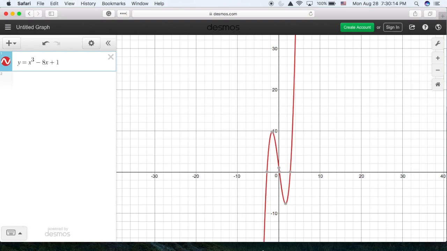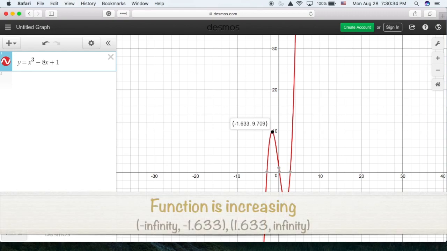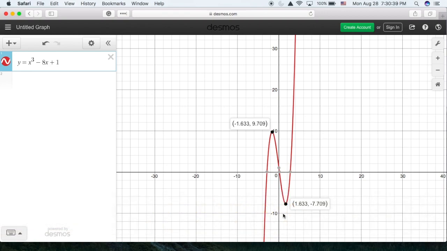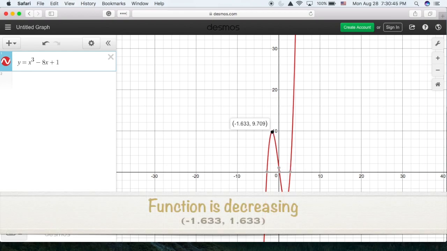So here, over on this side, less than negative 1.633, the graph is increasing. And also for x values greater than positive 1.633, the graph is increasing. And then we can say the graph is decreasing, it's going down as we travel from left to right. So between negative 1.633 and positive 1.633.